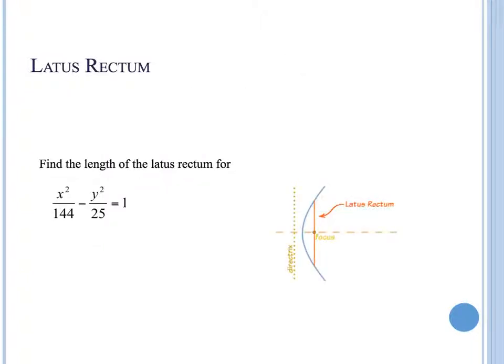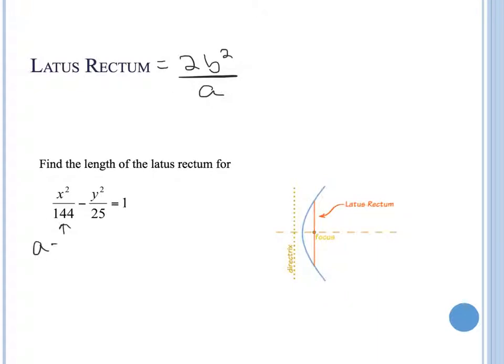Amazingly enough, the hyperbola also has a latus rectum, and the formula to find it is not that difficult. The length of the latus rectum is 2b squared divided by a, and we can find those values very easily from our original equation.